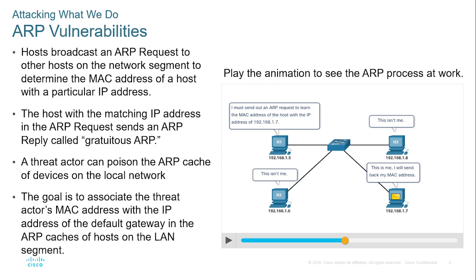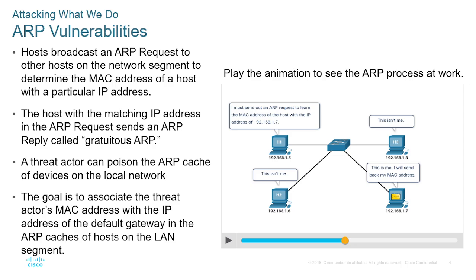So the threat actor shares his MAC address instead of us having the MAC address of the intended host. And that's how you get that kind of pairing where the IP address of the intended host has been spoofed by the threat actor, and the MAC address of the threat actor has been paired with the IP address of the legit host in the network.